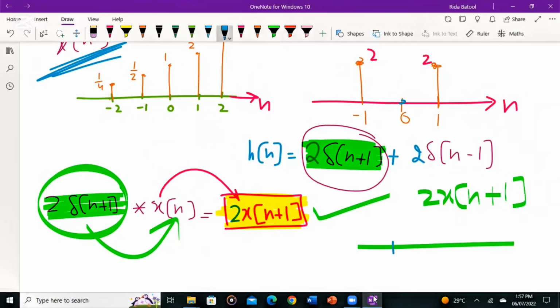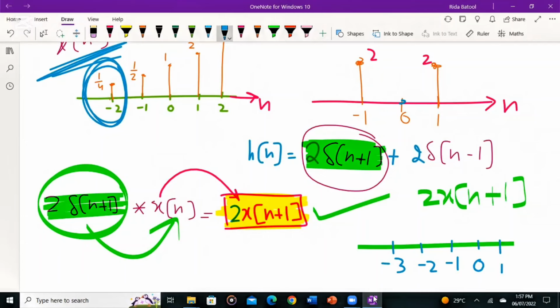The actual x of n is starting from -2. When you shift it by one sample, when you are advancing it, it will start from -3, till 1.